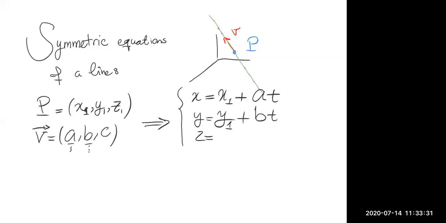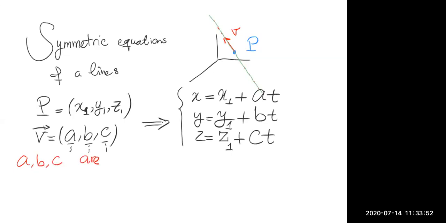And finally, z would be the third component of P, which is z1, plus the third component of V, which is c, times T.